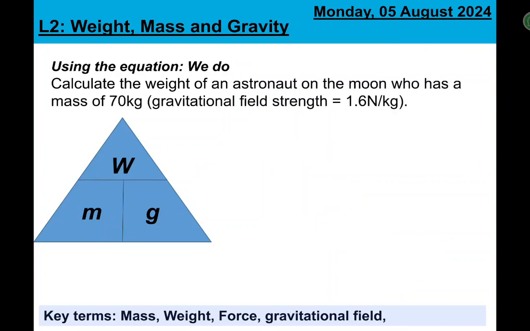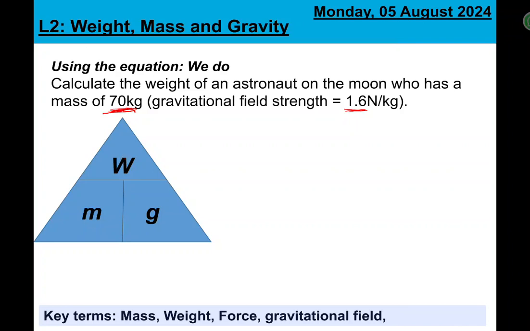Moving on. Calculate the weight of an astronaut on the moon who has a mass of 70 kilogram. I always tend to underline the important numbers. That's the mass, and the gravitational field strength on the moon is 1.6 Newton per kilogram.